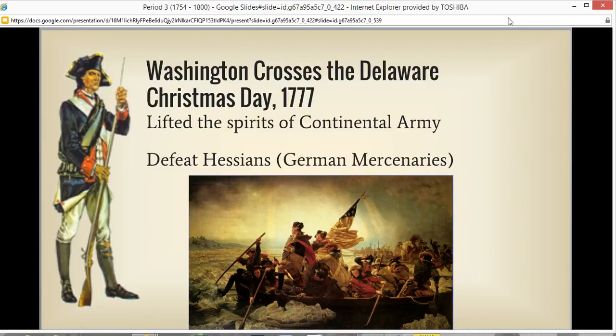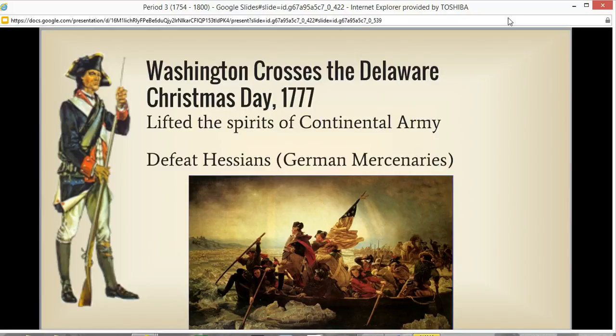Very, very famous painting here of George Washington and his men crossing the Delaware on Christmas Day, 1777. And they go across the river, and they sneak attack the Hessians. And the Hessians are German mercenaries.